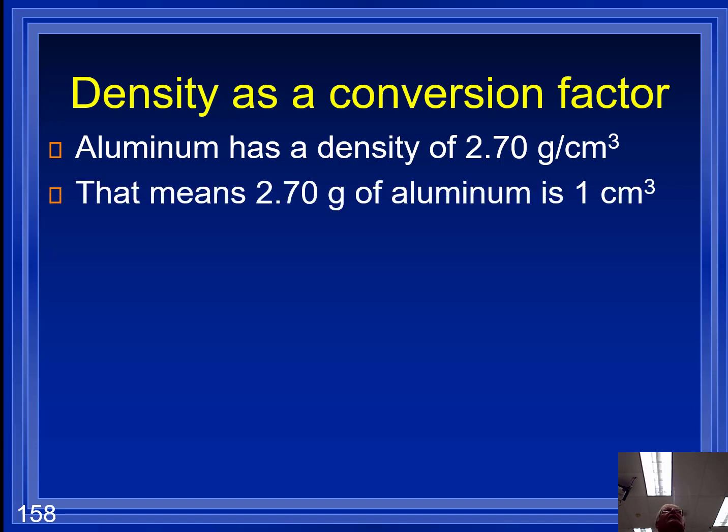So I could write that this way. 2.70 grams is 1 centimeter cubed. Hey, those two things are equal to each other. I can make conversion factors out of them.